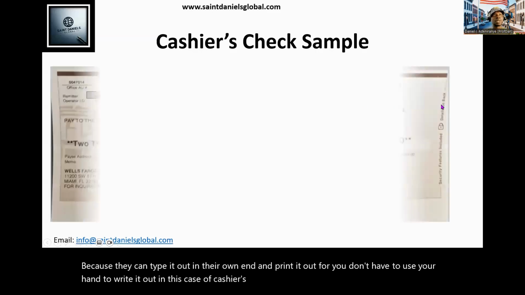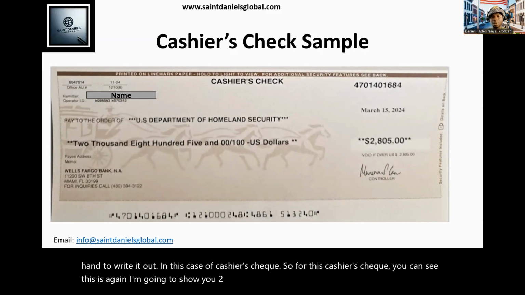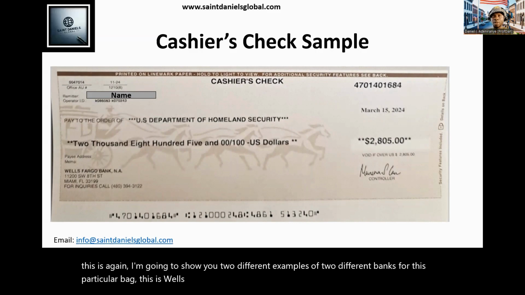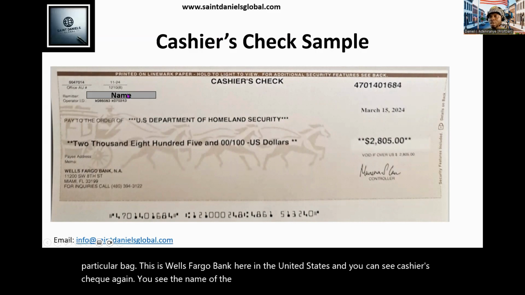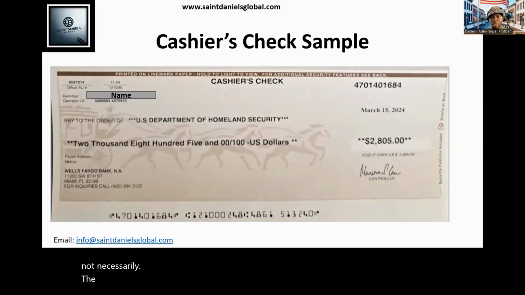For this cashier's check, I'm going to show you 2 different examples from 2 different banks. For this particular bank, this is Wells Fargo Bank here in the United States. And you can see the cashier's check. Again, you see the name of the remitter, the person that pays. The person that paid is not necessarily the owner of the petition that will be submitted.